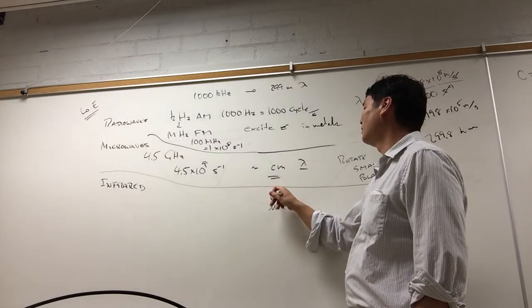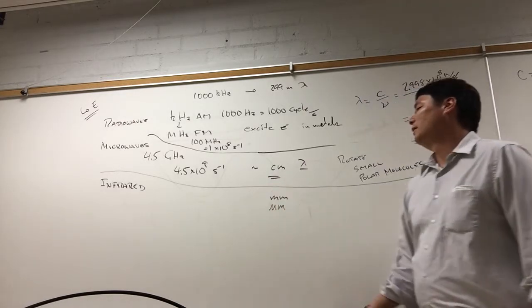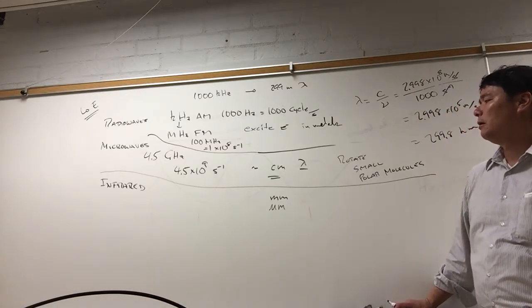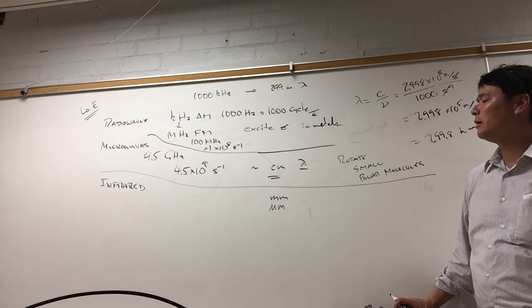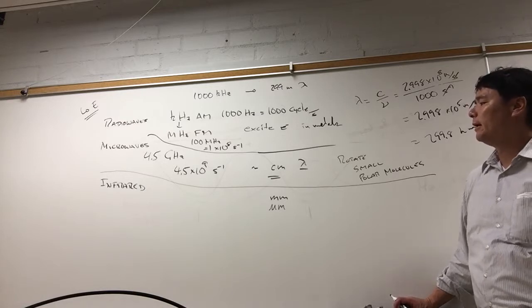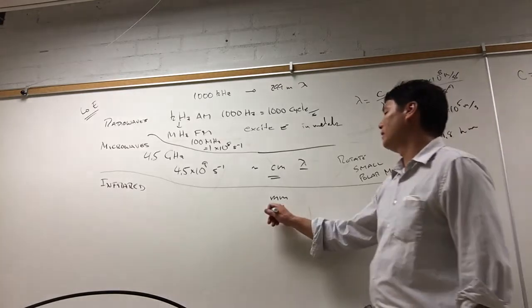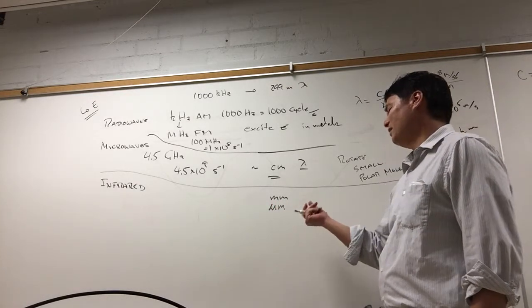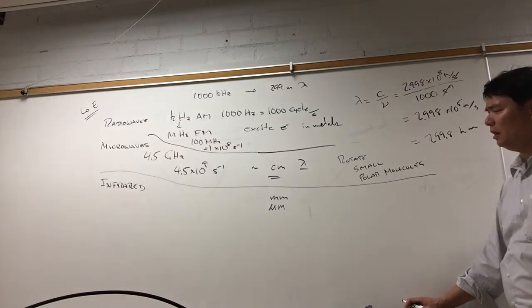Actually, millimeter should be towards microwaves. Micrometer is more towards infrared. And so the wavelengths are getting a lot shorter.